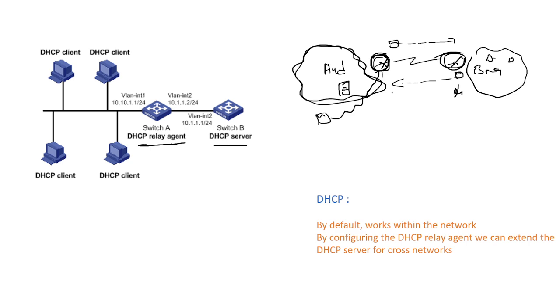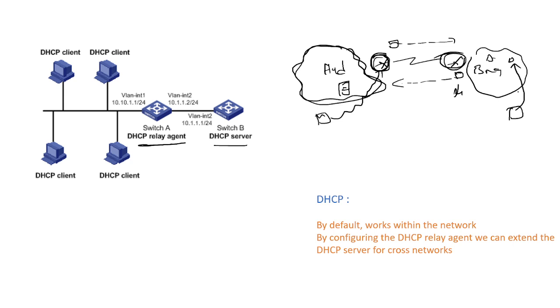So now, with the help of the relay agent, I managed to send the packet from the Hyderabad location to the Bangalore location. The computers in the Bangalore location are now able to get the packet and understand who the DHCP server is, and they will request an IP address.